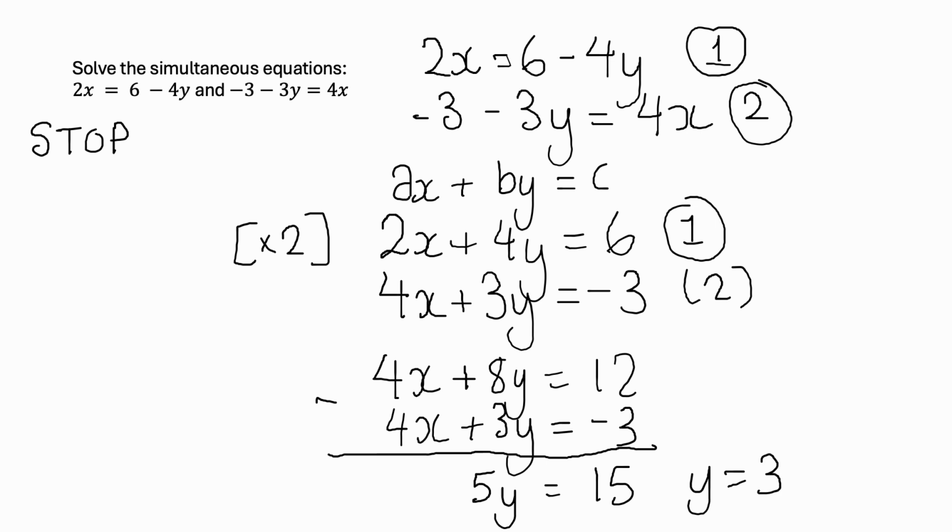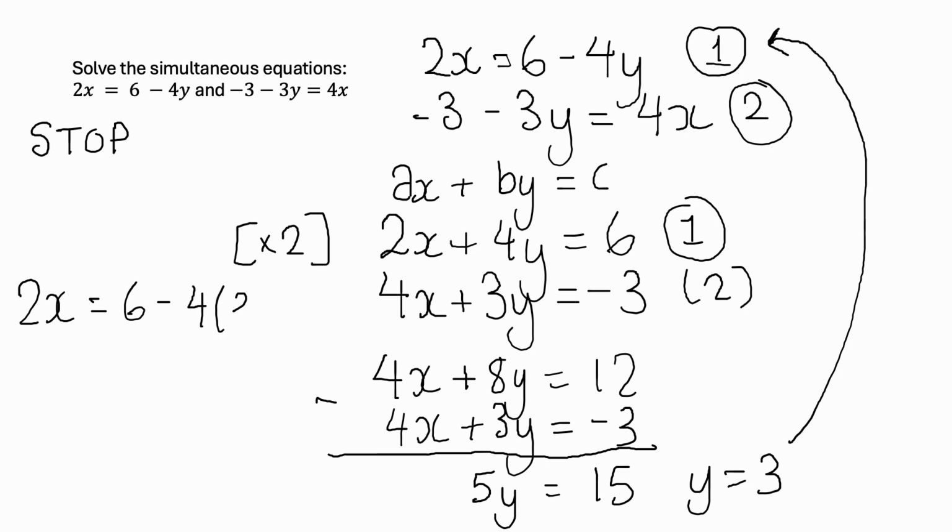So now that we've worked out what y is, we need to work out what x is. In order to work out what x is, we can substitute this y is equal to 3 back into one of the equations here. So if we substitute y is equal to 3 into the top one, we get 2x is equal to 6 minus 4 times that 3.